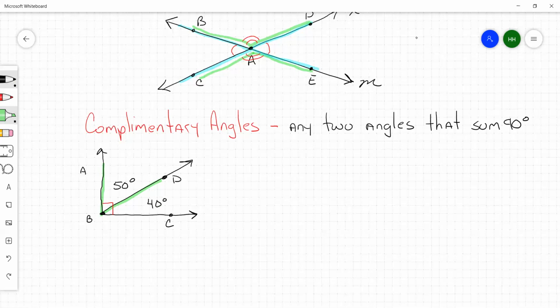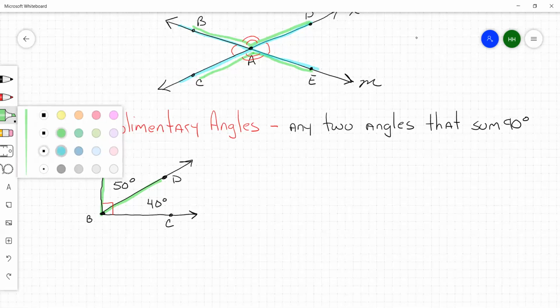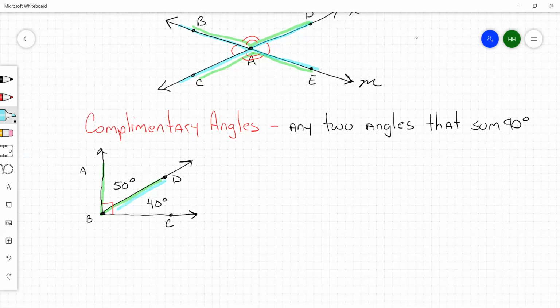All right, so green and blue are complementary.